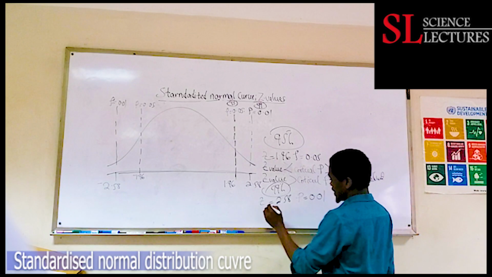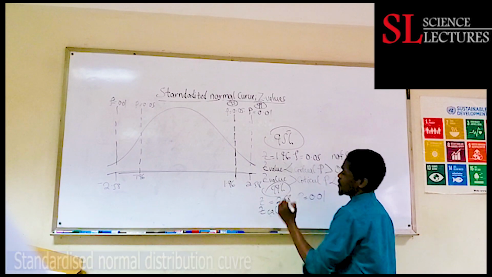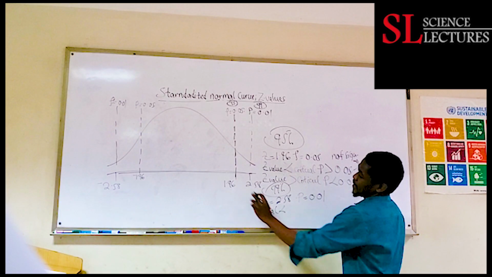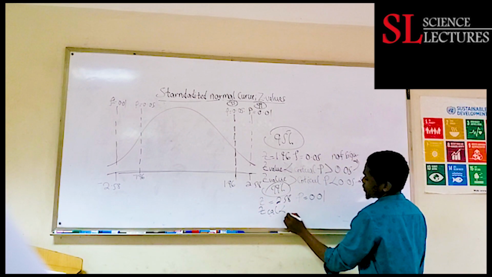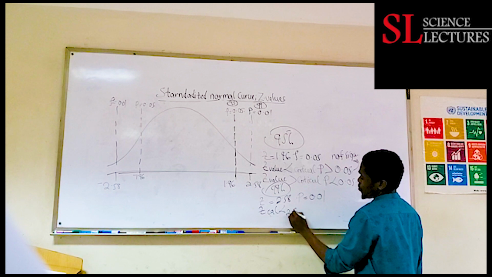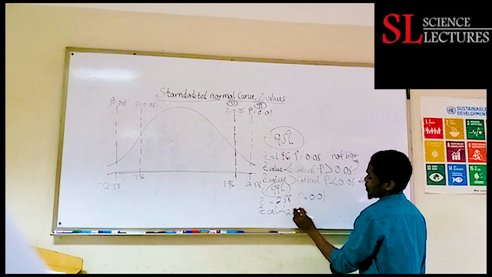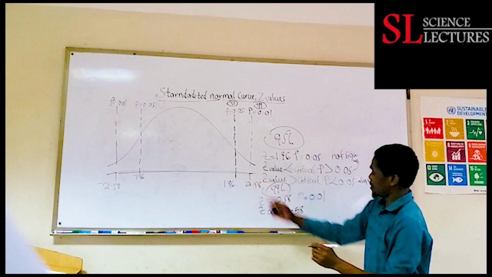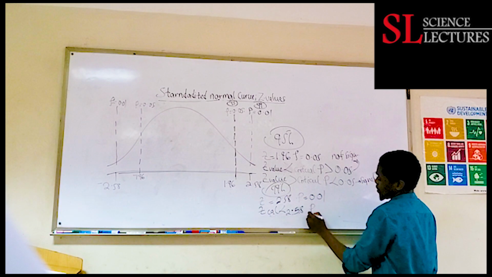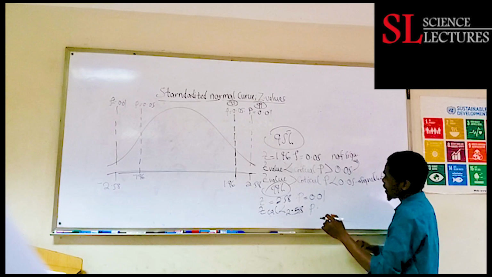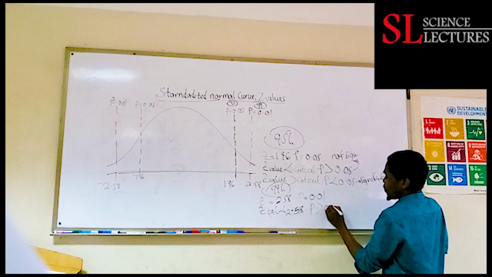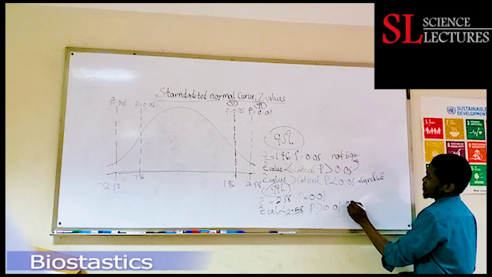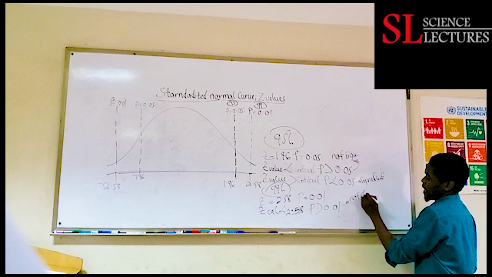But if we get the calculated z less than the critical, that is less than 2.58, we'll say that P is greater than 0.01, and in statistical terms, it is not statistically significant.